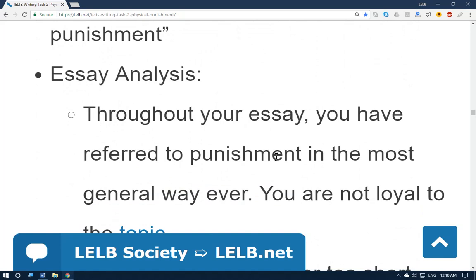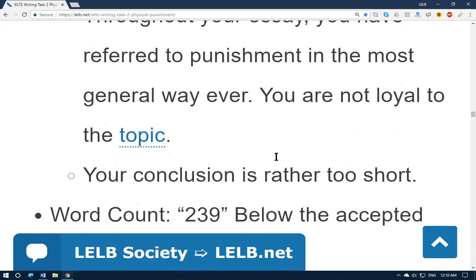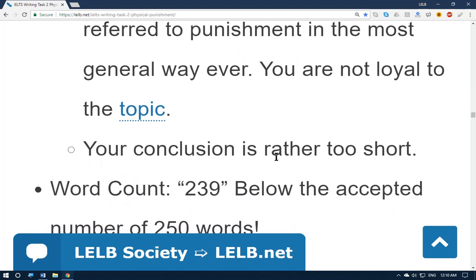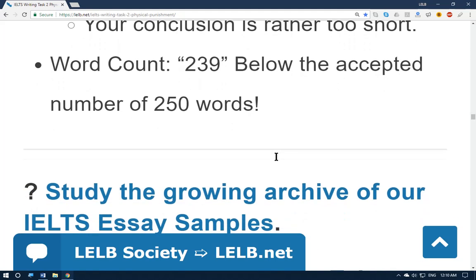And throughout your essay, I'm referring to essay analysis, you have referred to punishment in the most general way ever. You are not loyal to the topic. And even your conclusion is rather too short, and you have used 239 words, below the accepted number of 250 words. You should use at least 250 words for IELTS Writing Task 2.